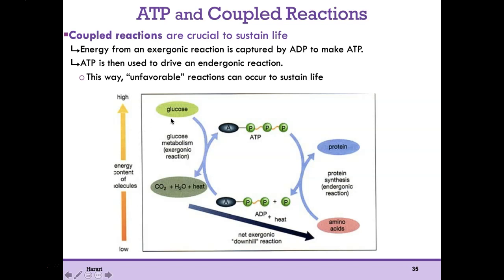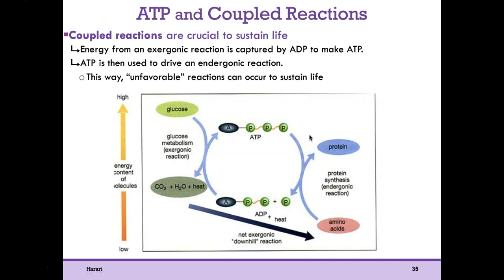Well, we need to convert glucose. When we get glucose, we can use the energy from glucose to make more ATP. So as glucose goes to its lower energy, CO2, H2O, and heat, we can make ADP into the higher form of ATP. Right? And then, like we said before, now that we have ATP, we can then make amino acids built into proteins. I hope this is making sense.